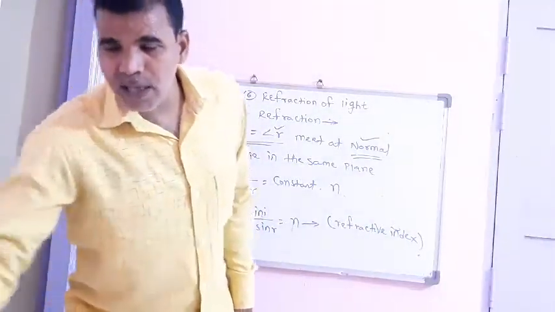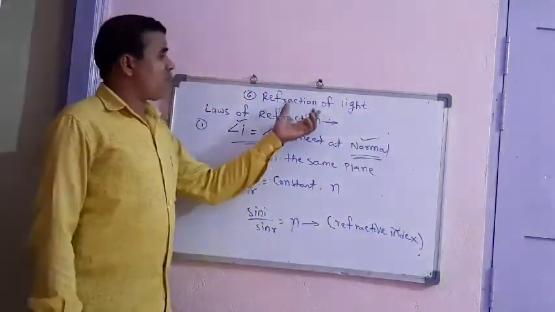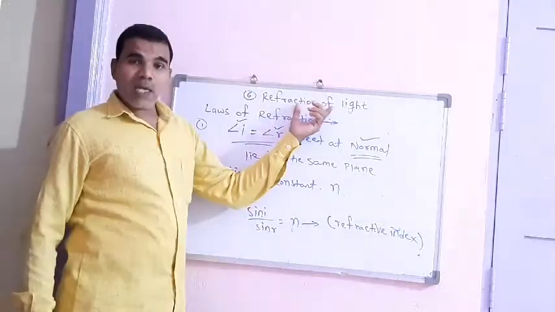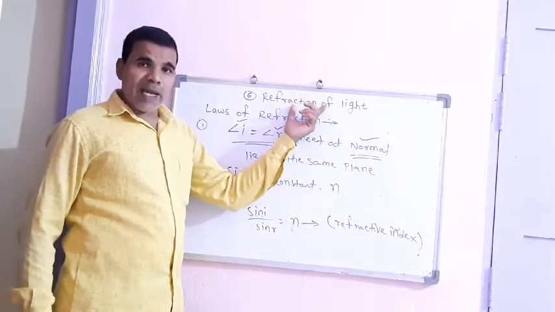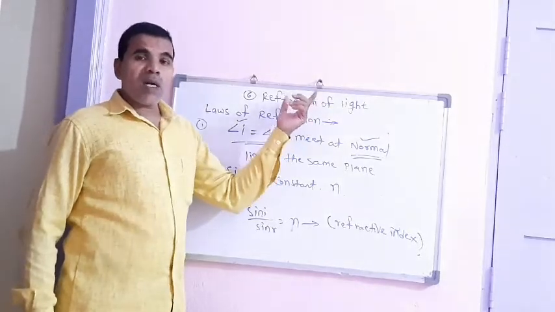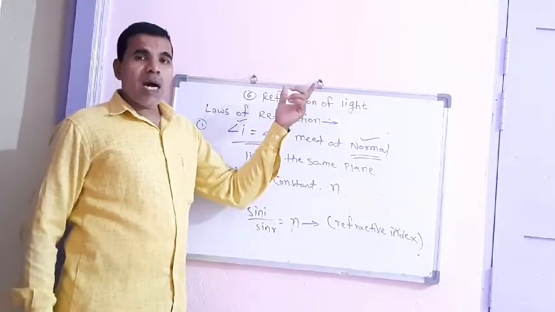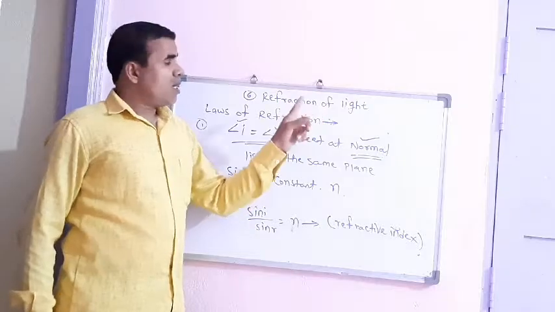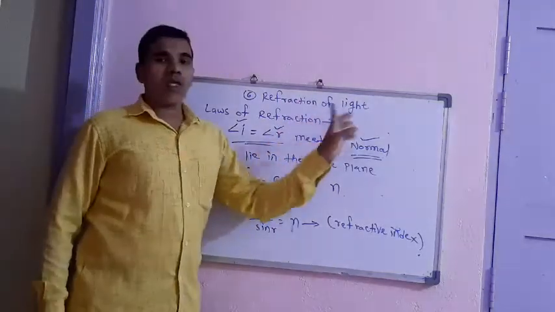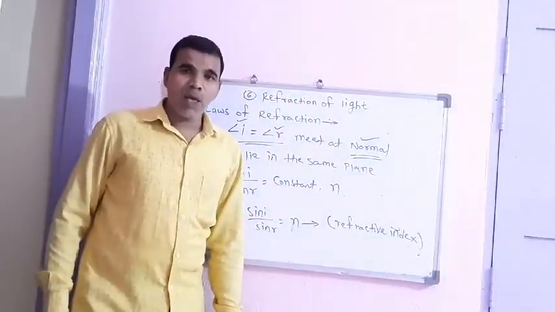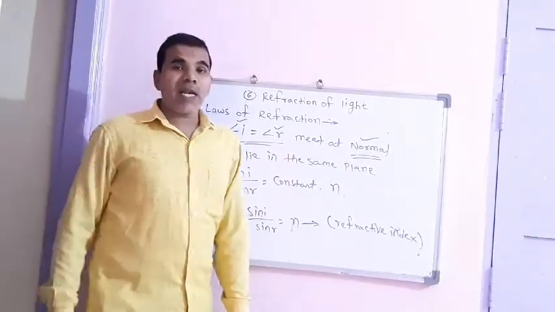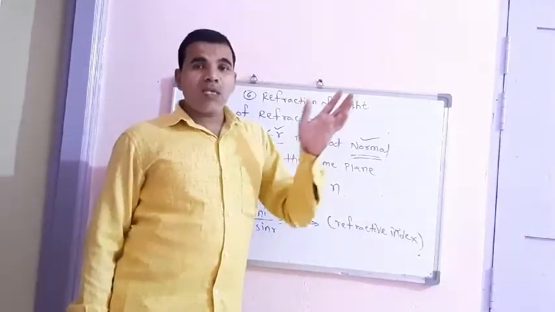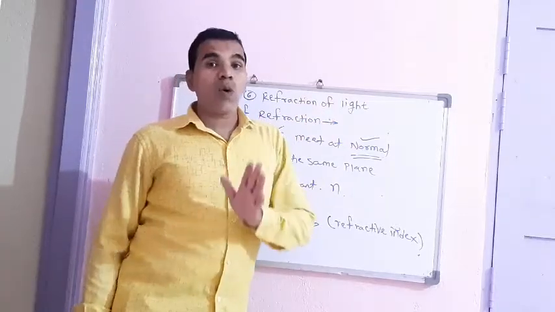First, the definition of refraction of light. Refraction of light means the light changes its direction from one transparent medium to another transparent medium. Light travels in a straight line. The sun is the unending source of light.